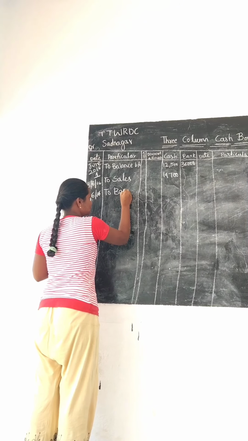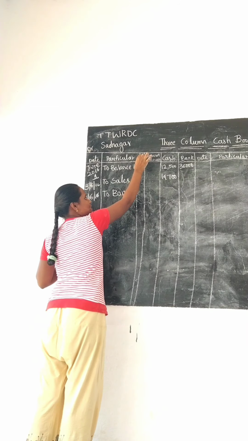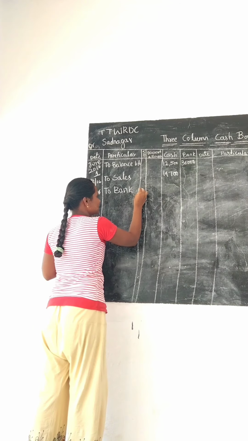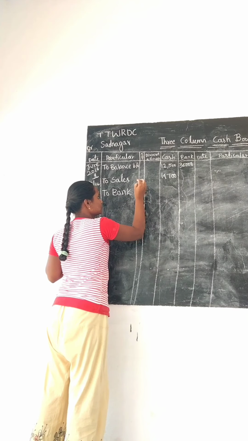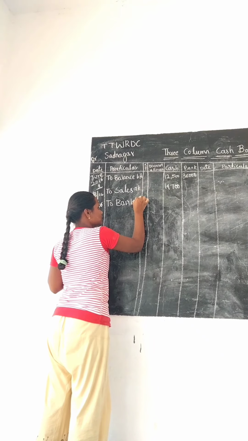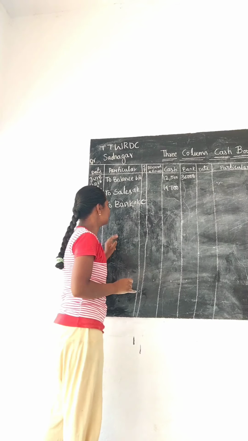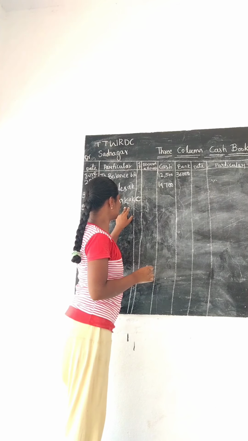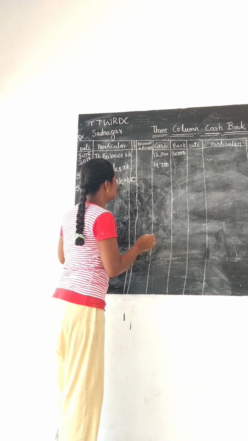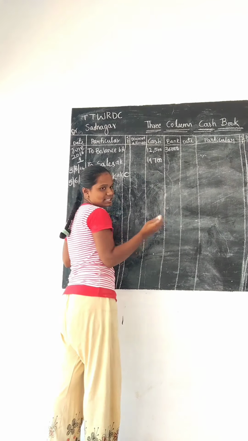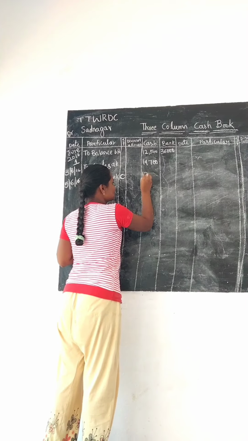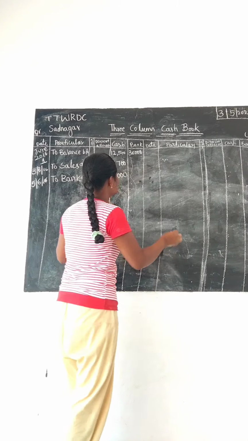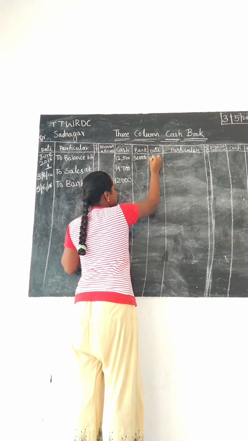So bank, in the JF column we mention that it is the contra entry, but we write the amount in the cash column because it is opposite, 12,000. And on the credit side also we have to write this entry.